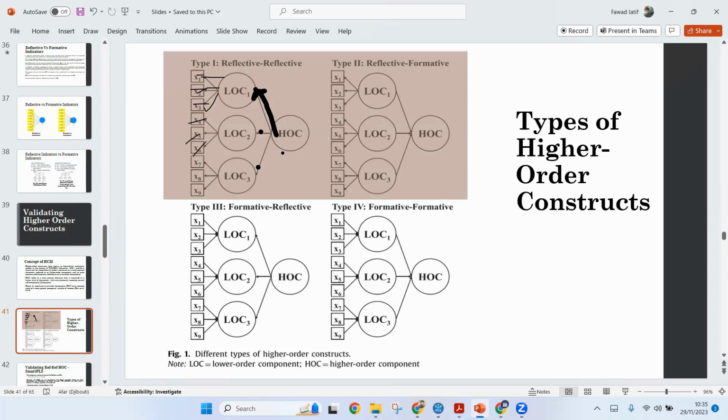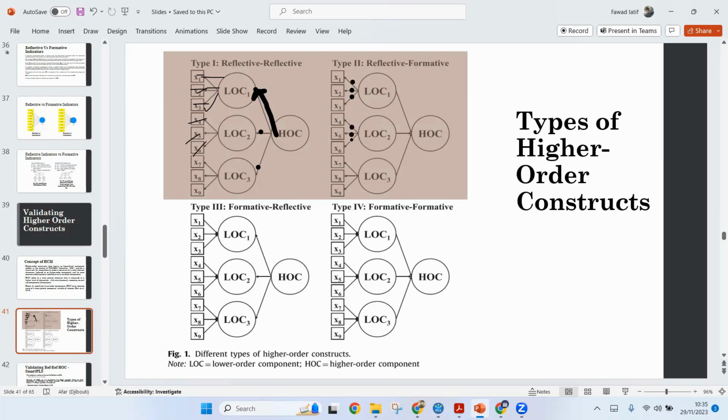Now, another common type of higher order construct is reflective formative. Type 1 and type 2 are the most common ones that are used. You will hardly see any formative reflective or formative formative. Now, what is the difference between reflective reflective and reflective formative? It's very easy. At lower order, the lower order construct is reflective. Look at this.